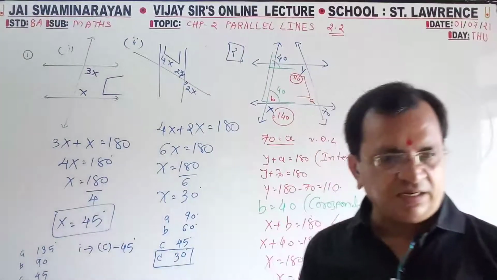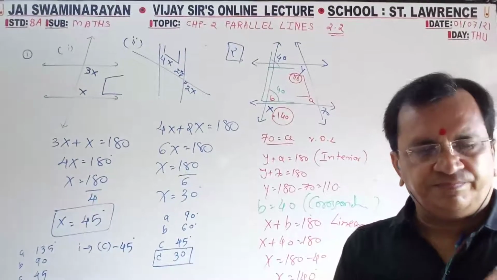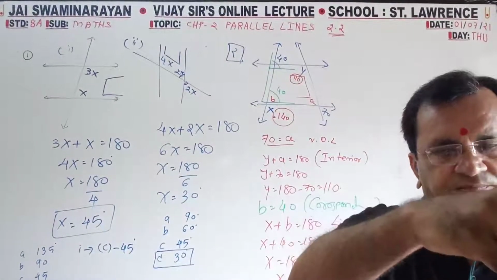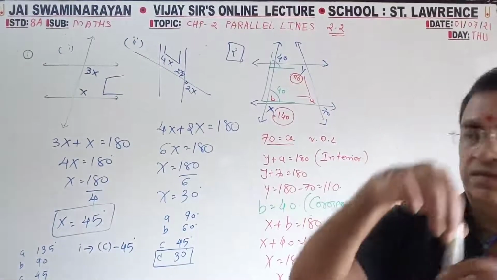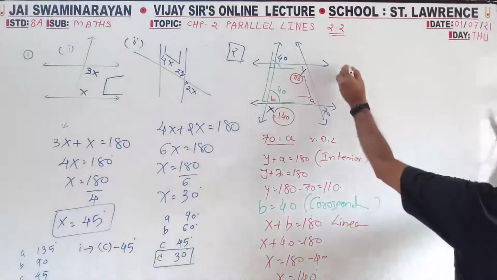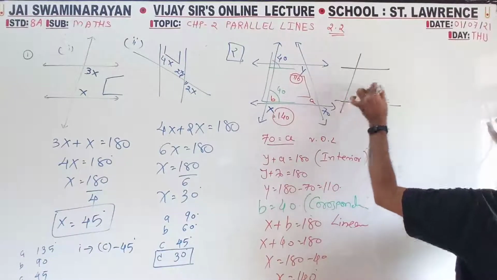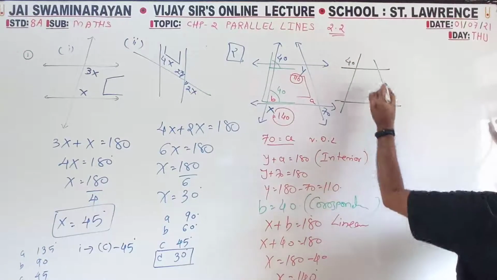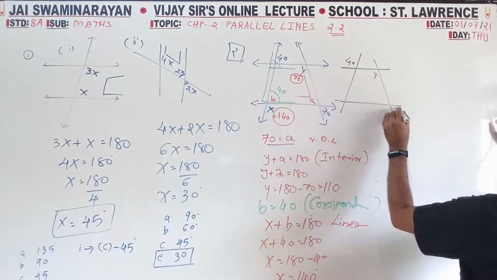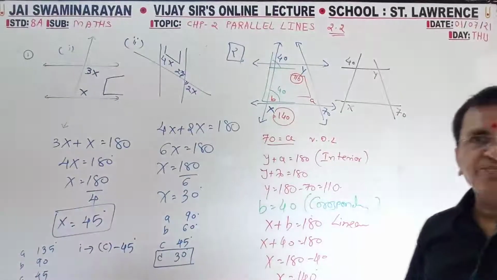Again I am explaining with a different color. This is 40, this is y, this is 70, this is x.